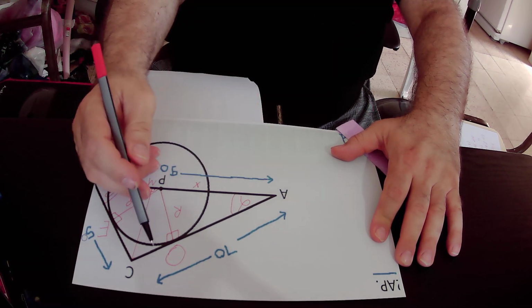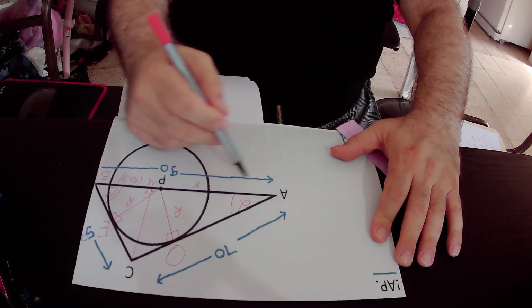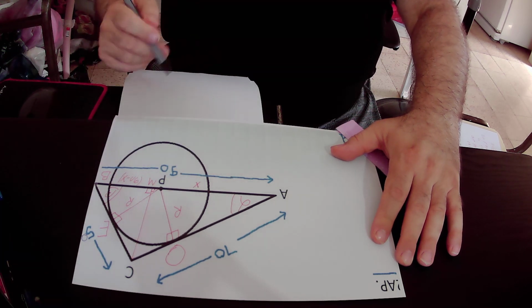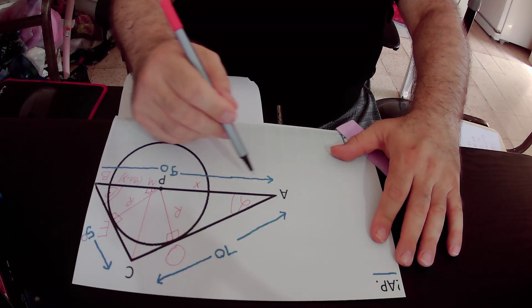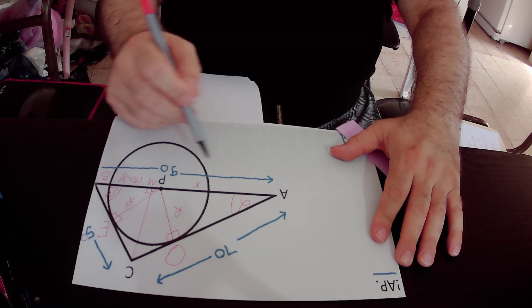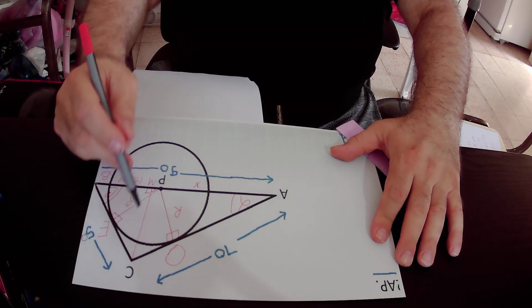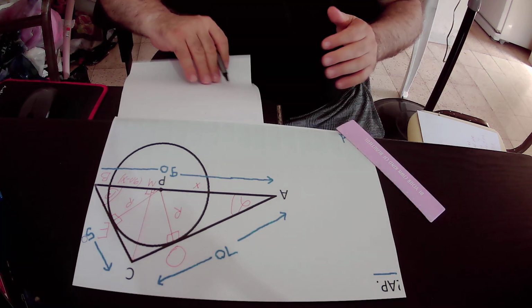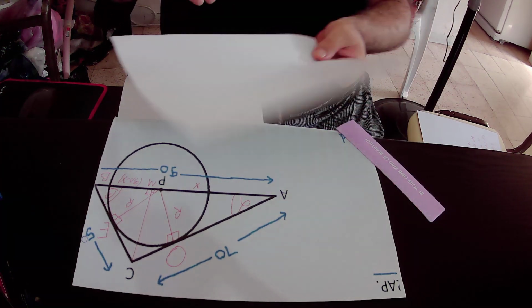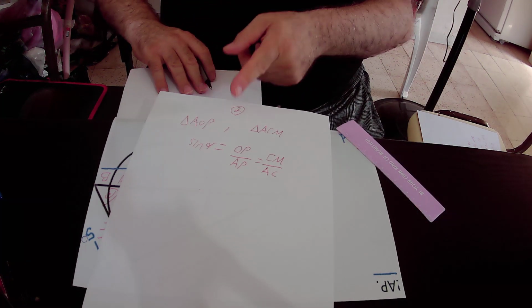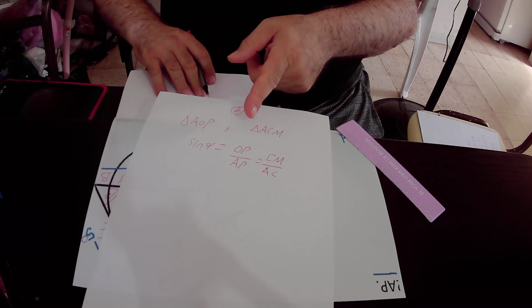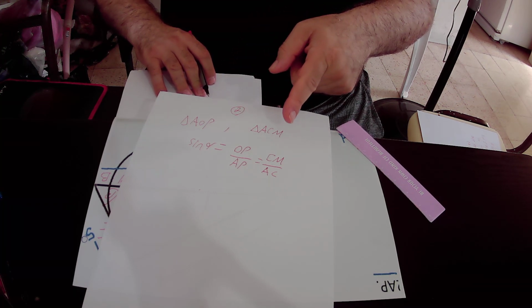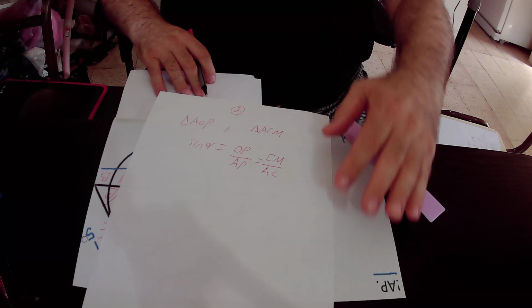So AC is the hypotenuse in the right triangle ACM. So in total, in the right triangle ACM, sine alpha equals CM over AC. Okay, so we got in total that sine alpha equals OP over AP, which equals CM over AC.